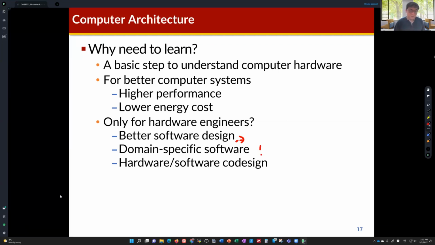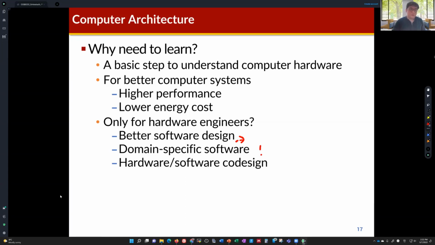Also, domain-specific software. What does that mean? Traditional computer systems mean a general purpose CPU and general purpose applications. Normal applications run on general purpose processors. That is the traditional view of computer systems.